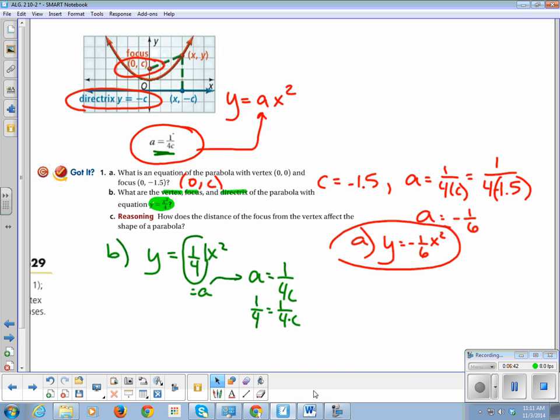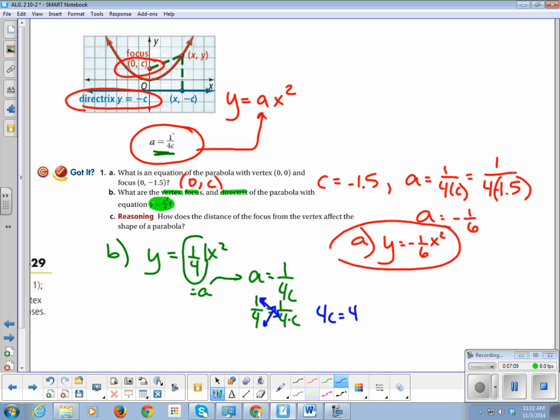Just for fun, you can solve this in whatever way makes sense to you. You can flip both denominators. You can multiply by 4c to both sides. In this case, I'm going to cross multiply because I find that students love cross multiplying. So we get 1 times 4c, and we get 1 times 4.